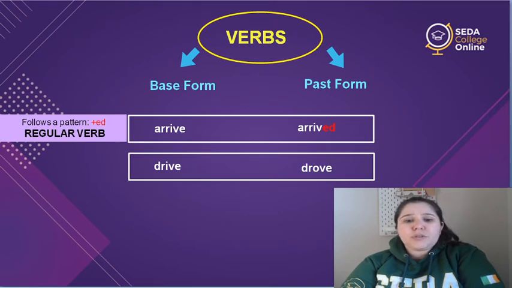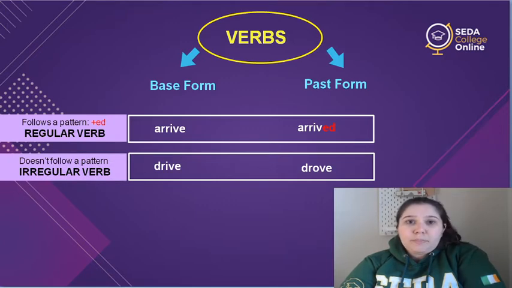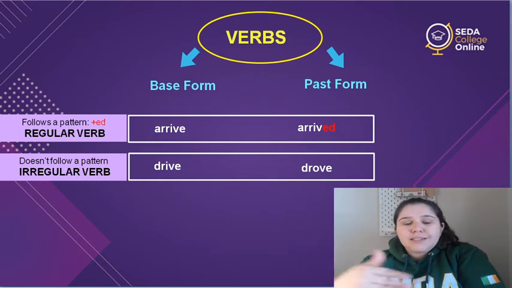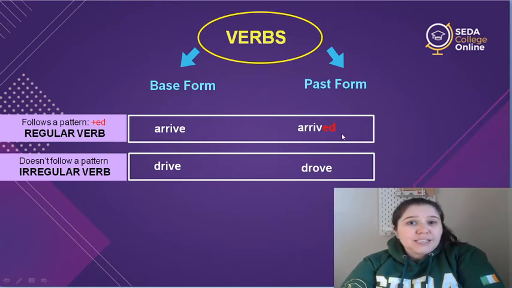When we talk about drive and drove, there is no ed. I can't say drived. It's incorrect. The past of drive is drove. So it doesn't follow a pattern, which means it's not always the same rule. So that's an irregular verb. Okay? So every time we have ed in the past form, it's a regular verb. When we have a completely different word for the past that is not an ed form, it is an irregular verb.